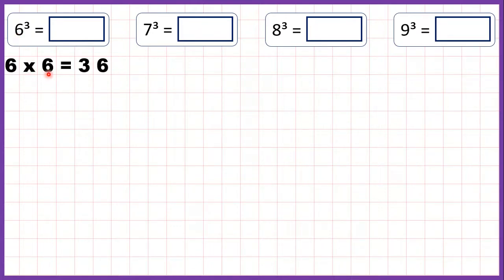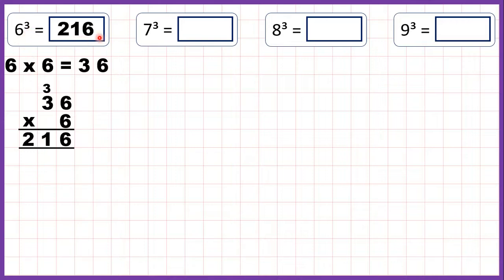So 6 times 6 is 36, but then we need to take that 36 and multiply it by 6 again. Now 6 times 6 is 36, so 3 6, and 3 times 6 is 18, plus 3 is 21, so 6 cubed is 216.